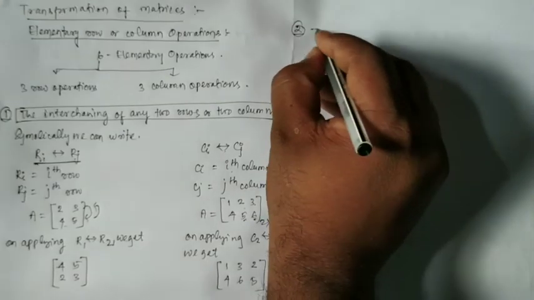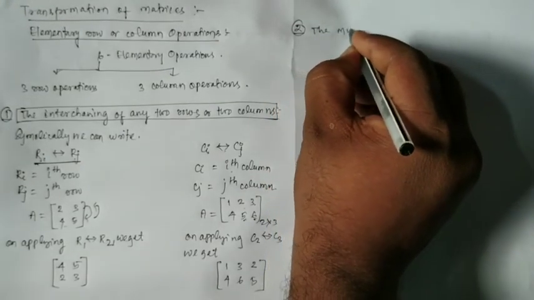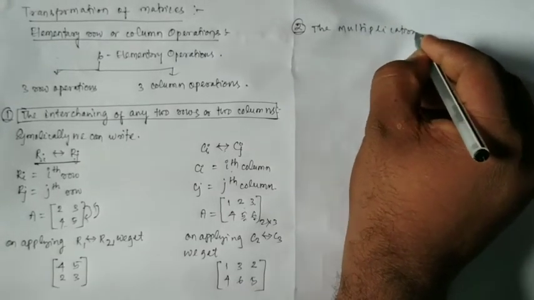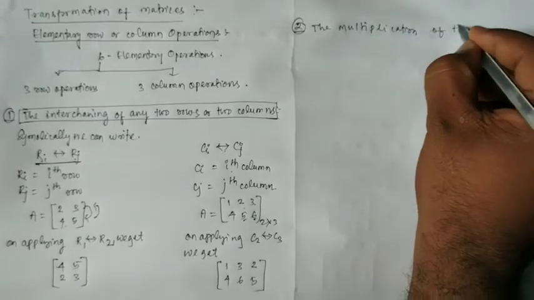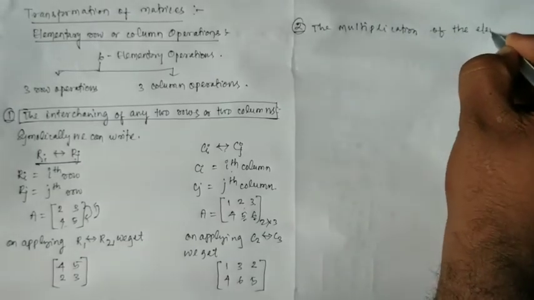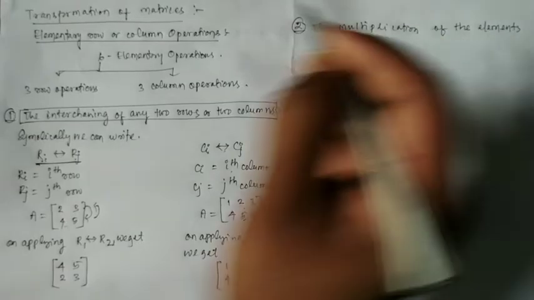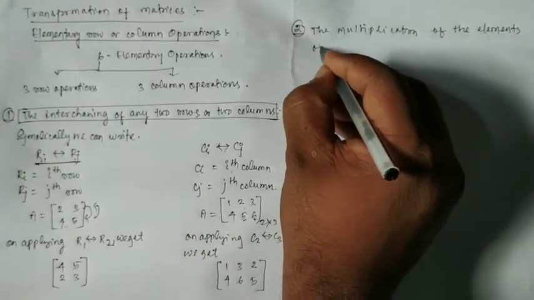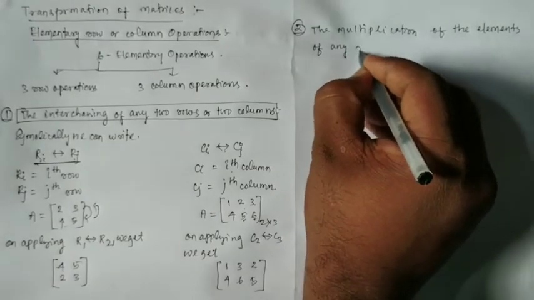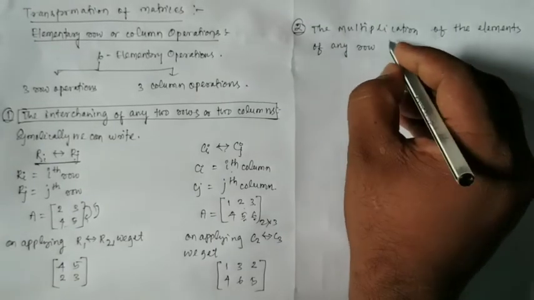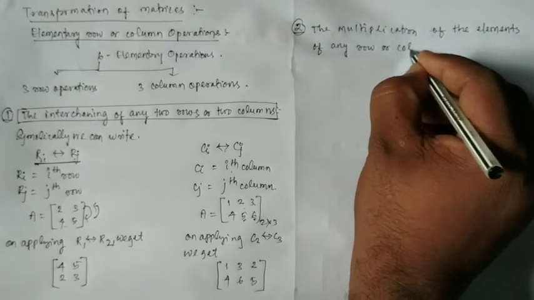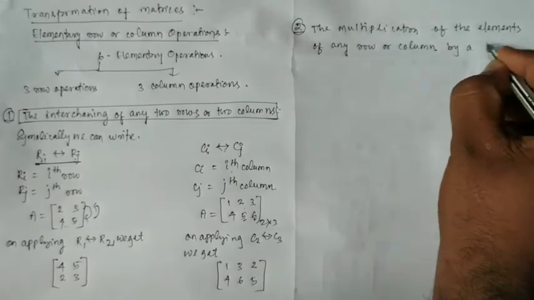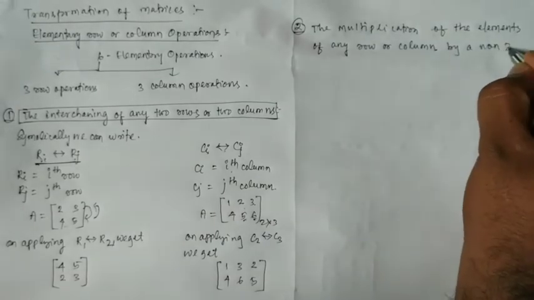Second operation is the multiplication of the elements of any row or column by a non-zero constant.